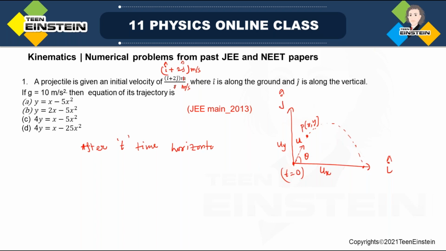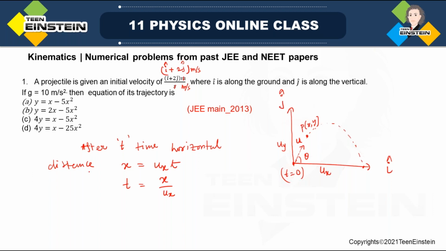That will be x. x is equal to ux into t. So what you get? t is equal to x by ux. Okay, so that is what you get.